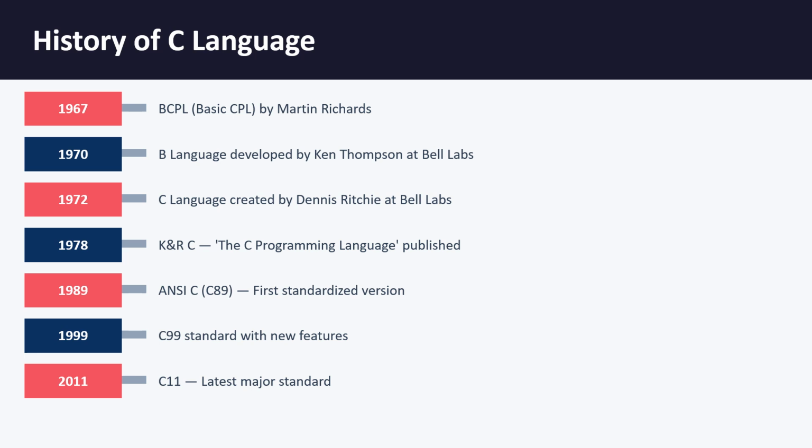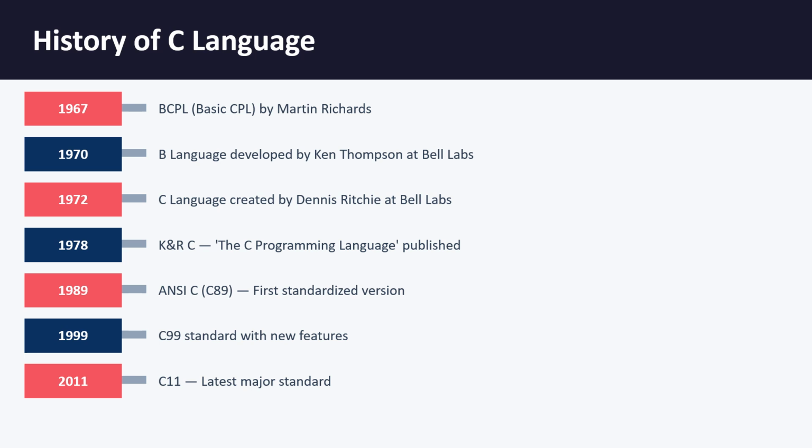The C programming language has a rich history. In 1967, Martin Richards created BCPL, which influenced later languages. In 1970, Ken Thompson at Bell Labs developed the B language. In 1972, Dennis Ritchie created the C language at Bell Labs, alongside the Unix operating system.